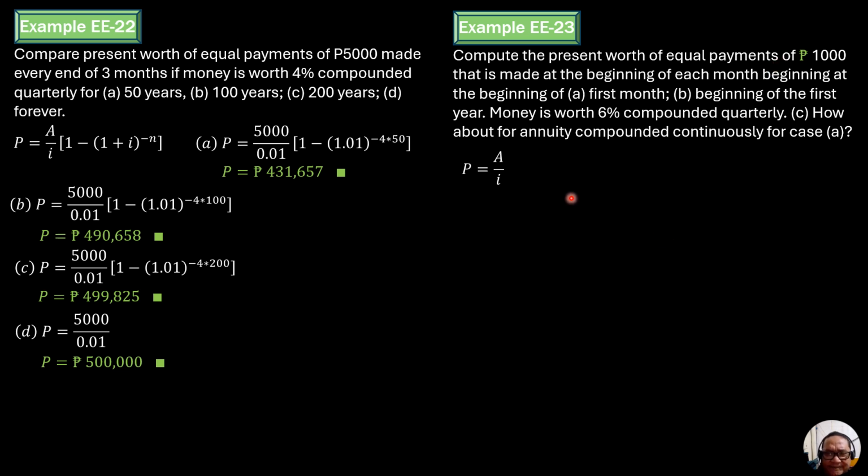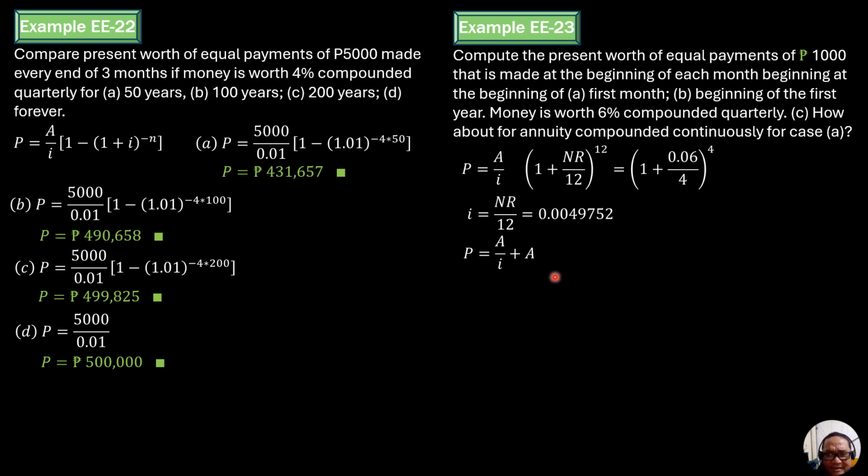So A over I, that's the formula, then we have to add A. So 1 plus NR over 12 raised to 12 equals 1 plus 0.06 over 4 raised to 4. Let's have the equivalent rate. So NR over 12, I, is equal to 0.0049752.